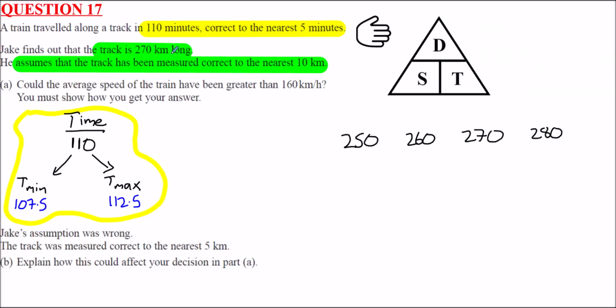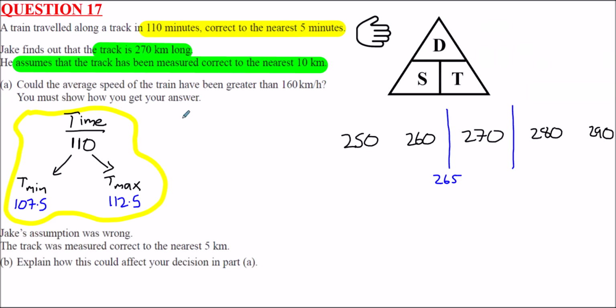Now it's been rounded to 270, which means that the actual exact length of the track must have been closer to 270 than to 260, and closer to 270 than to 280. So go for exactly halfway between 260 and 270, which is 265. That tells us it must have been at least 265, so it would have rounded up to 270.